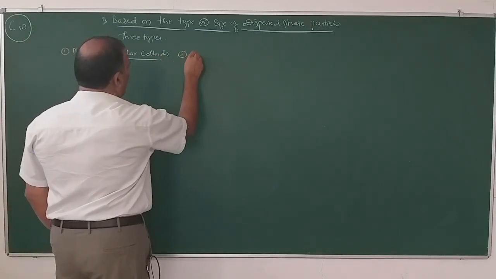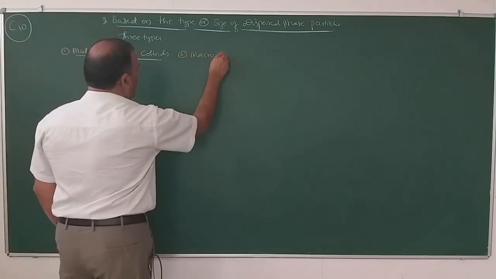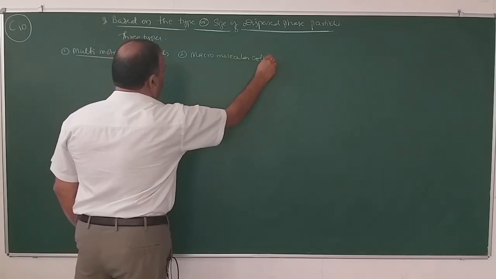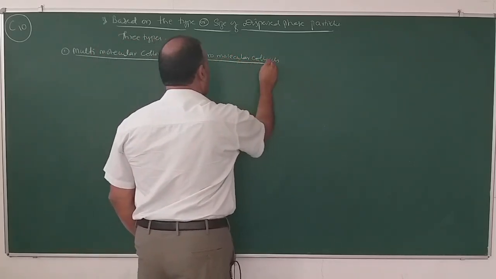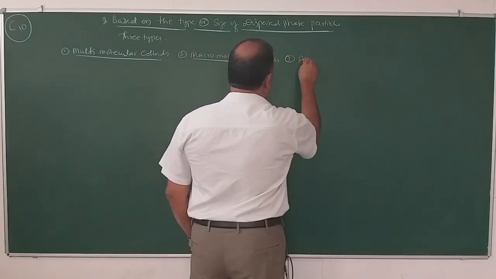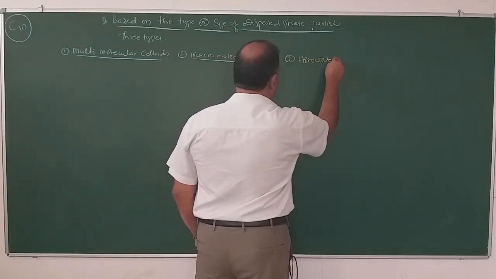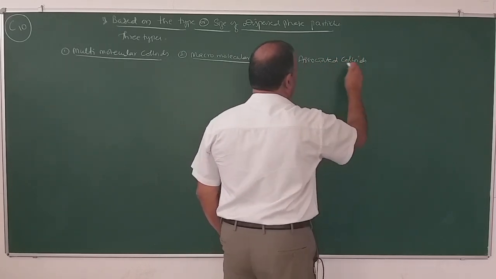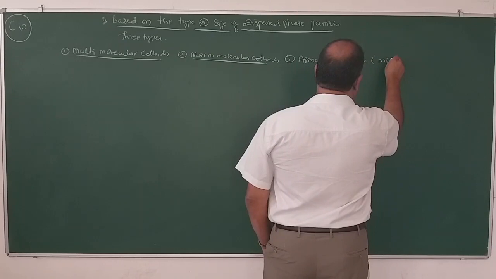Number two, macromolecular colloids. And number three, associated colloids. Associated colloids are also called micelles.